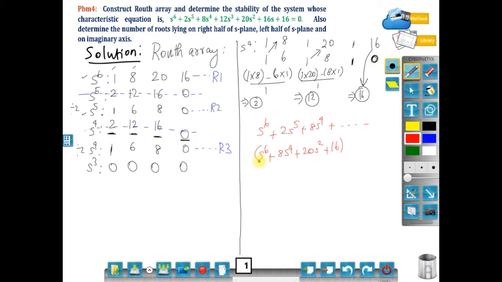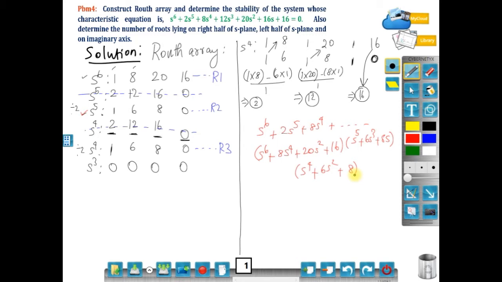Similarly, we can write a small equation for the s power 5 row also: s power 5 plus 6 s power 3 plus 8 s. Then the next, s power 4: s power 4 plus 6 s power 2 plus 8. So the Routh array construction is useful for dividing the largest equation into sub-equations called auxiliary equations.